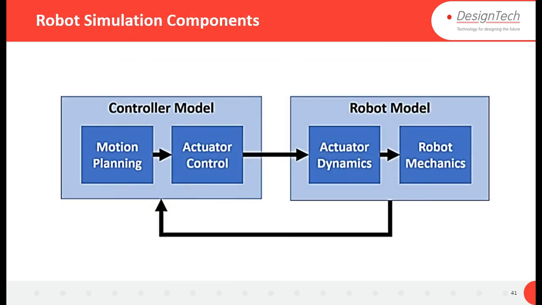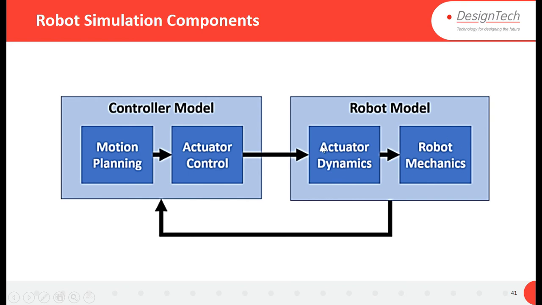First of all, for the robot which you are going to design, we require a robot model and a control model. Two subsystems are there. In the robot model, we require to design the robot mechanics, which we will discuss, and actuator dynamics. This will be used to control the robot.